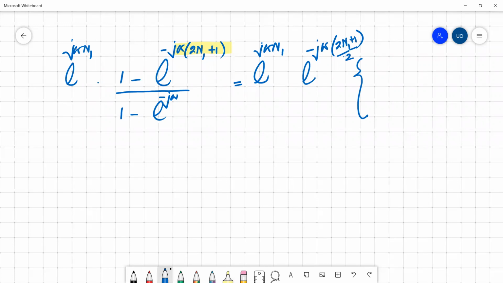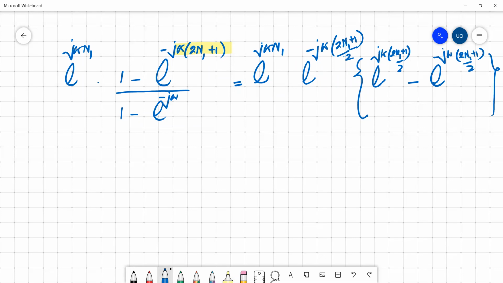To make it 1, we need to add a kind of complex conjugate of this term: e to the power j omega (2n1 plus 1) over 2 minus e to the power minus j omega (2n1 plus 1) over 2.